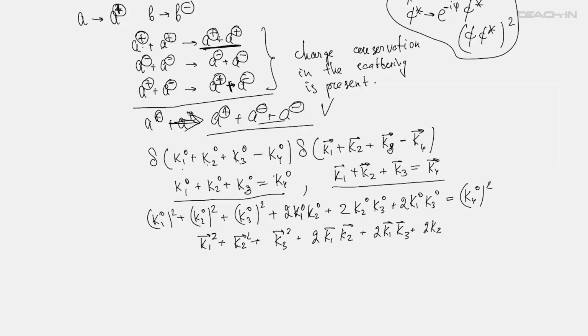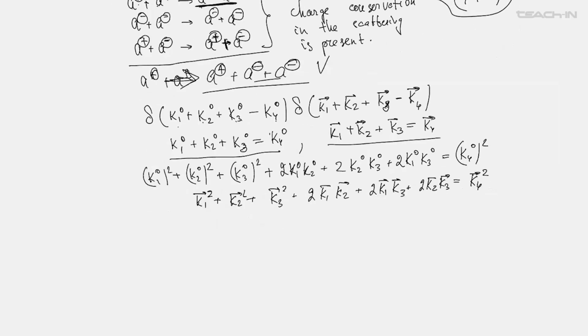Now, if you subtract the second line from the first, and use the mass shell condition, and the mass shell condition for each of the particles is the following one.